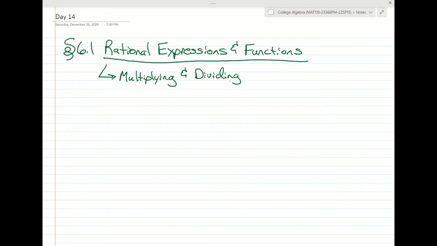So first thing let's do is let's talk about what a rational expression is. So rational expression means a quotient of two polynomials.